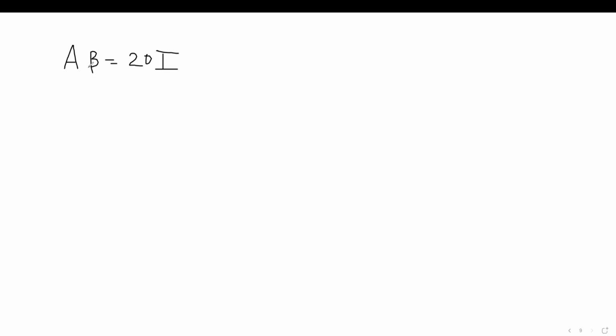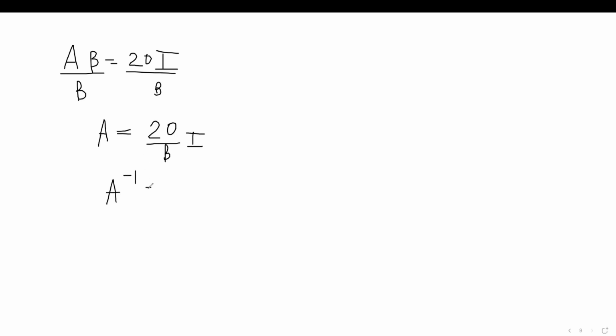If we divide both sides by B, we end up getting that A is equal to 20 over B, times the identity matrix I. If you flip this now, to get A inverse is 1 over.